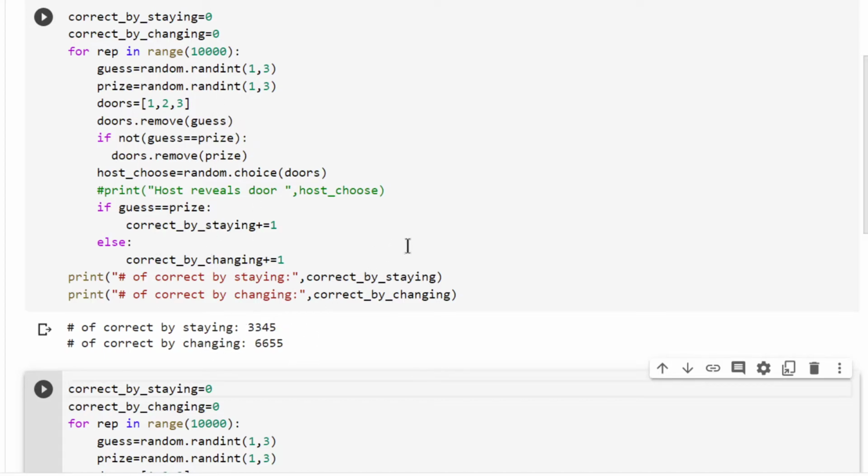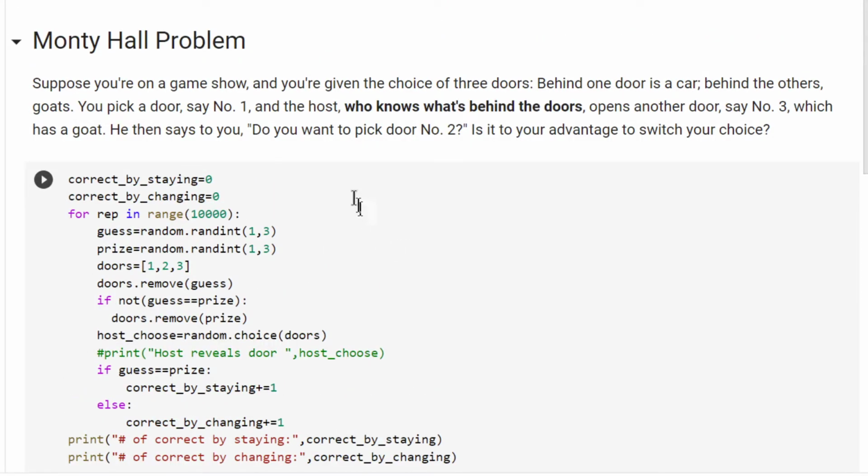But what's really important here, which I put in bold, is that the host is assumed to know what's behind the doors. Okay? And you could remove this condition and run the same simulation, and the result will be very different.